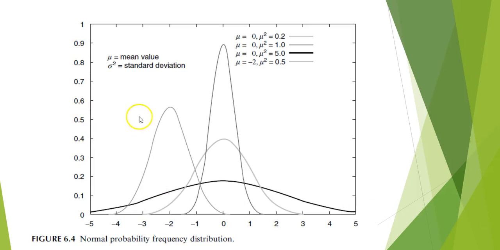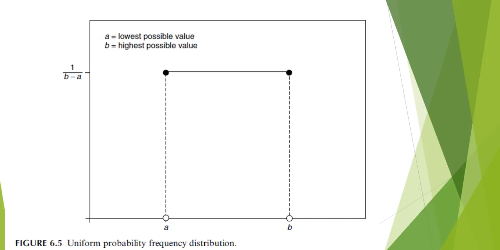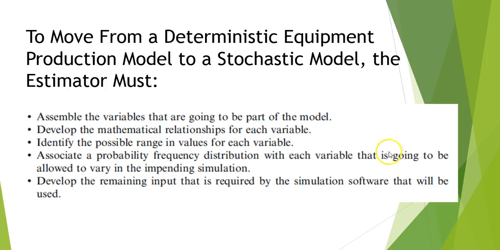Same thing with the normal distribution. You may have 3 different activities: the loader, the truck, you might have a bulldozer at the other end doing work. They could all be represented by a curve with a normal probability frequency distribution. They just have different factors that shape the curves differently for you. And again, this uniform distribution.